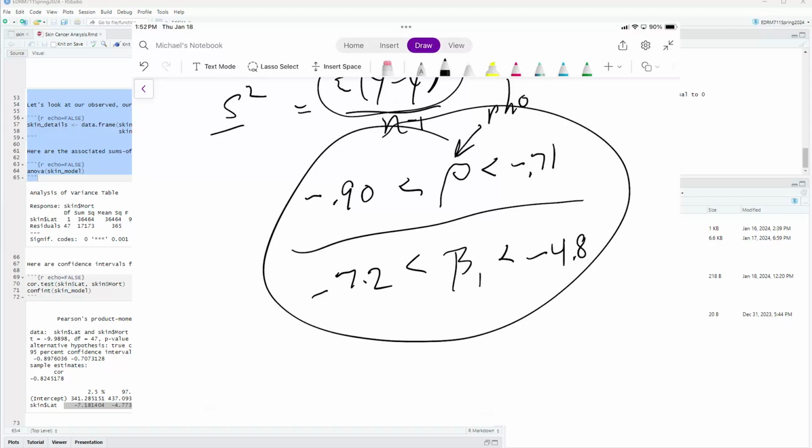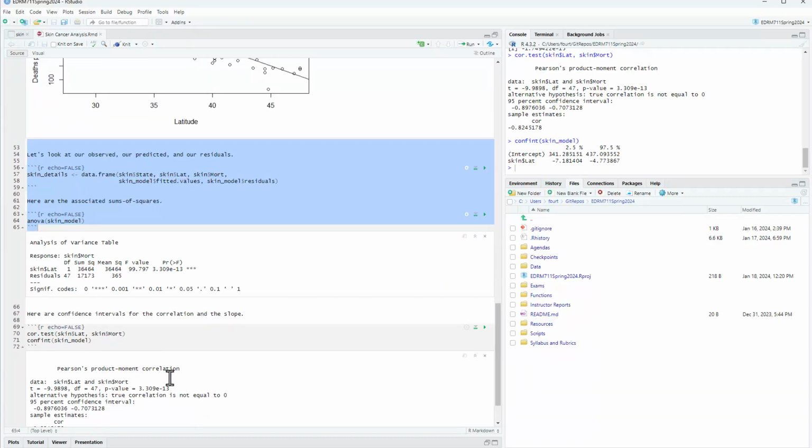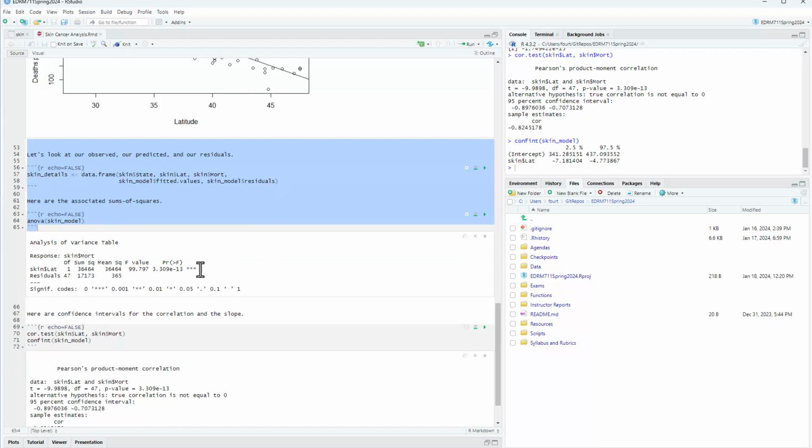Okay, so that's all we're going to do right now for inference. If we go back and look here, you might notice that we have some significance codes here that are reflected up here in the ANOVA table, and indeed there is inference going on in the ANOVA table, but that relates to the coefficient of determination inference that I told you we will do later on.